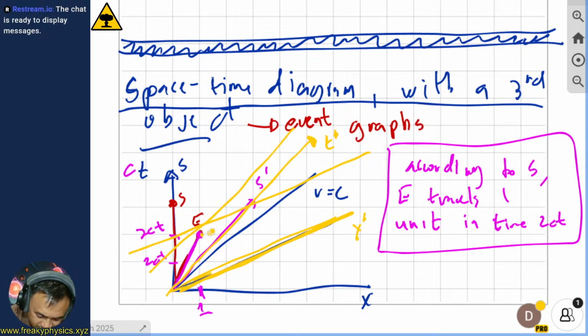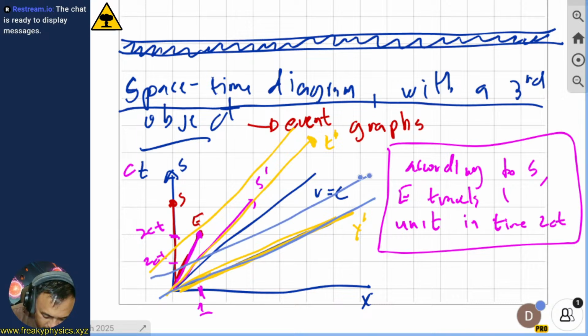So according to this, our coordinates are basically for E, where we have our coordinates for X to be there, and we have our coordinates of Y to be somewhere here, right? Okay, it's not so clear yet because we only have a few lines, so let's not use yellow for the X prime. Let's use this blue. Okay, so if we do that more or less like so, and then let's use yellow again for this time T prime, right?